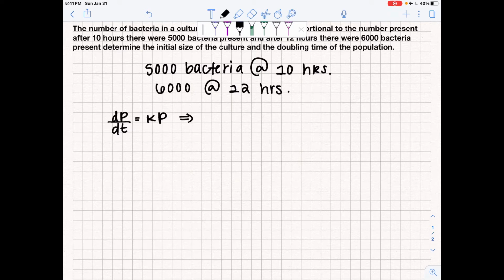So this will turn into 1 over p dp equals k dt. And then from there, to solve for p, we will take the integral of both sides. That isn't technically correct, but will get us to the right answer, which is the integral of 1 over p is ln of the absolute value of p equals kt plus the constant c for both integrals.